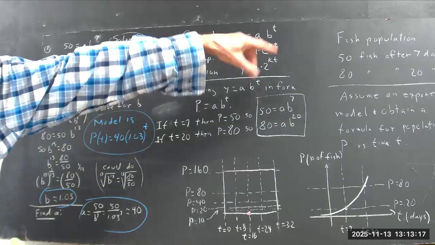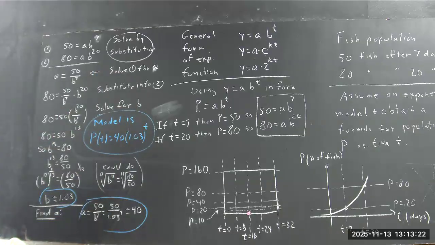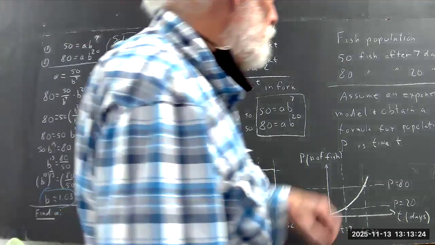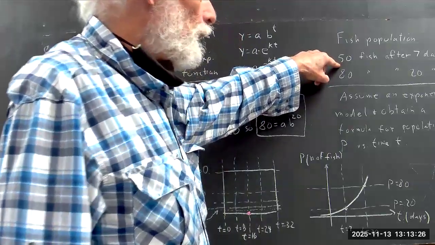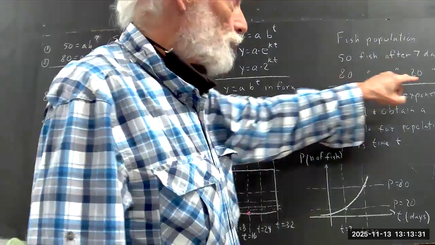This interpretation came from fish population that we assumed would be growing exponentially. Another possibility would be you have $50,000 after 7 years. You have $80,000 after 20 years.